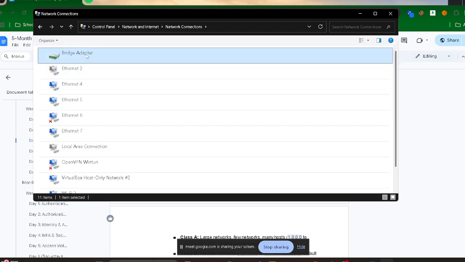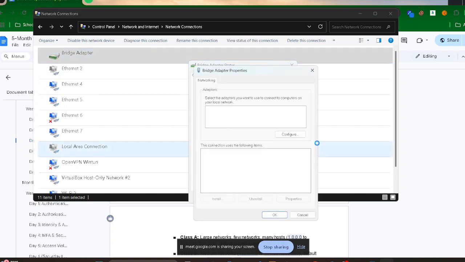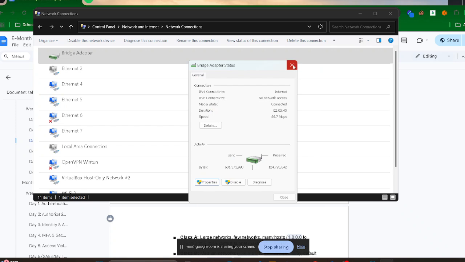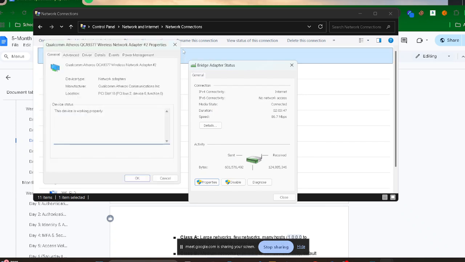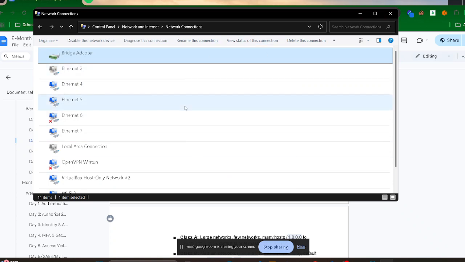I can't remember how to get to that part. I wanted to show you how.